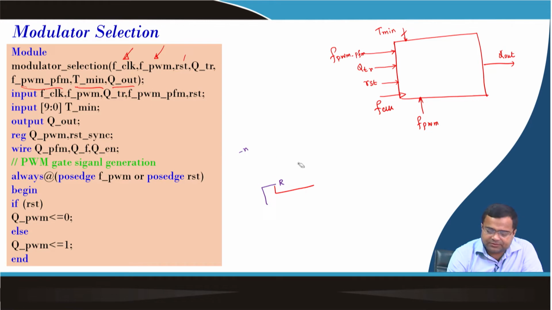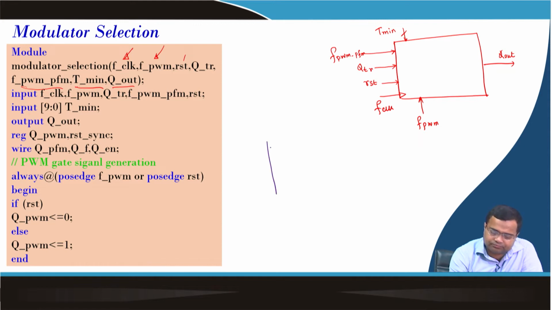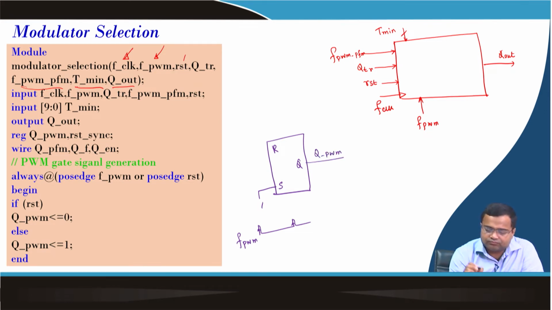One feature, this modulator will also have PWM. So under PWM, it will take a reset and set pulse. Set will have a switching frequency clock, which is F PWM. At this edge, this will turn on, this will be Q, and we call it Q PWM. And this is coming from the comparator.